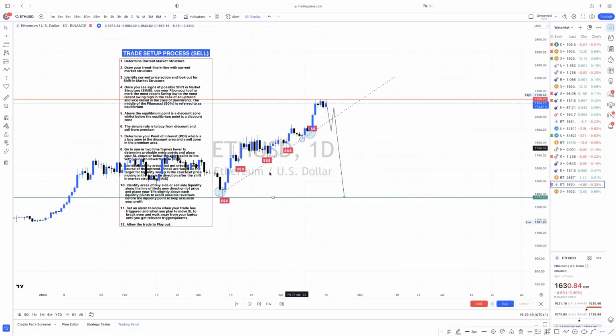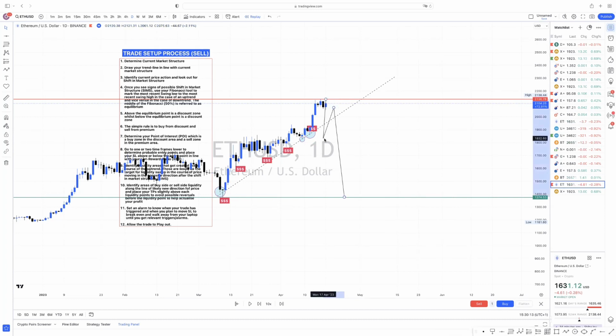Now, what am I saying? As price is going up, it is always coming back to leave some spike that it may come back to sweep as soon as the market starts to change direction. Now, how do you know that this market is going to change direction?